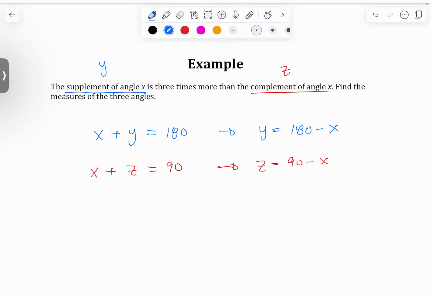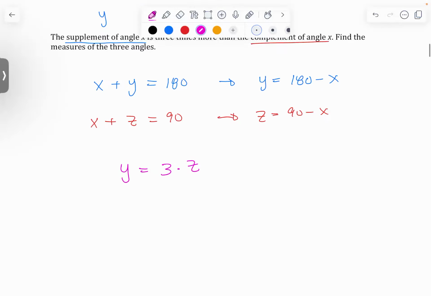Now let's read this again. So if the supplement we're calling y, the complement we're calling z, so y is 3 times more than z. And now, all right, with one sentence, I basically created 3 equations.